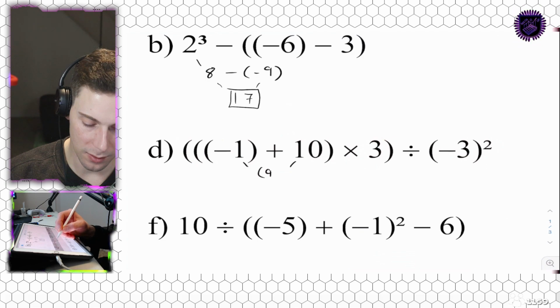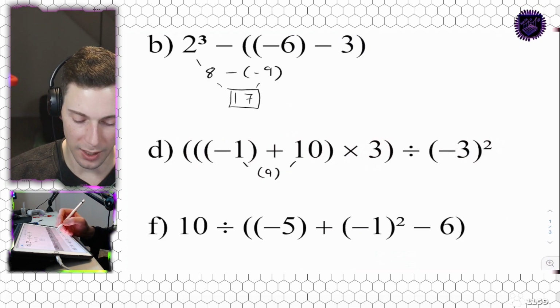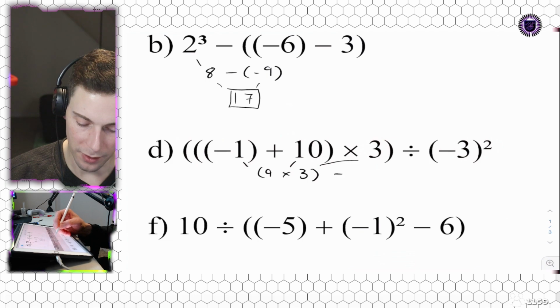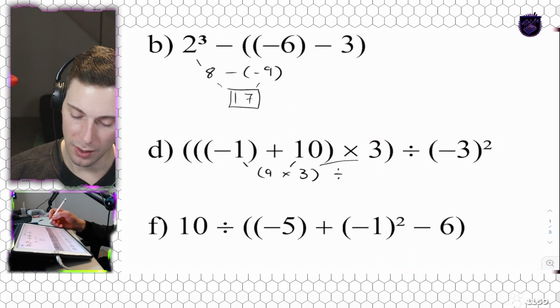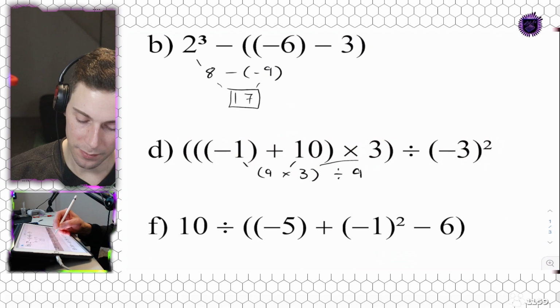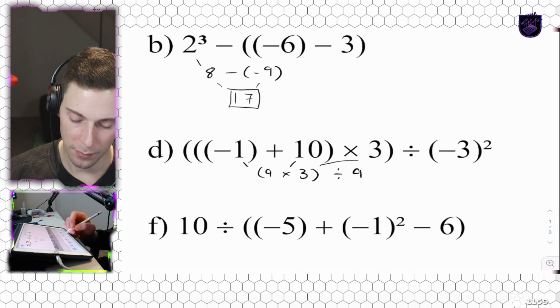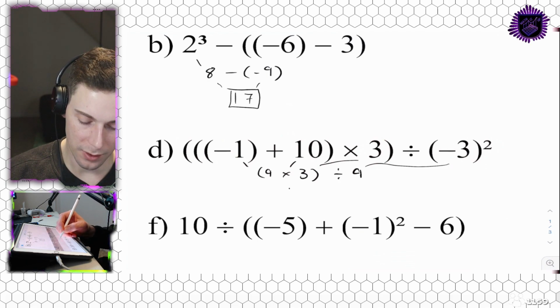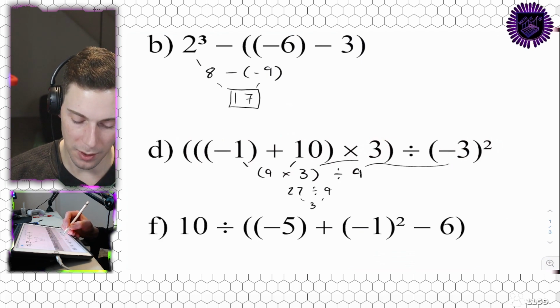And we get to get rid of the negative parentheses, but then we still have 9 times 3, which is dropping the 3 down, divided by 9. And then we have 27 divided by 9. And that's going to be 3.